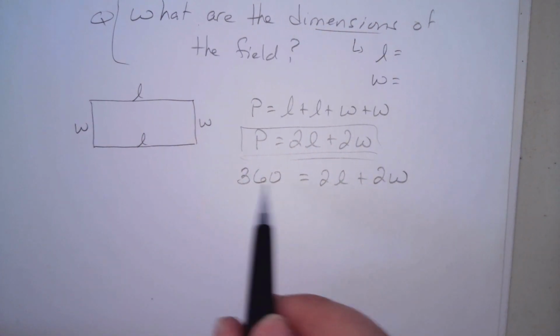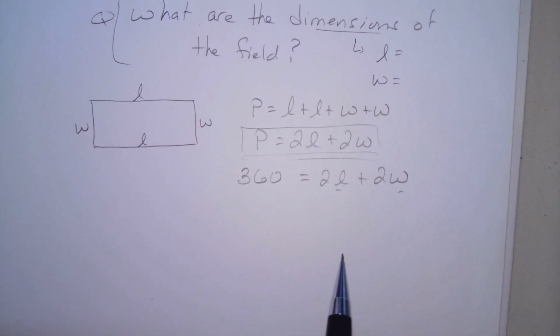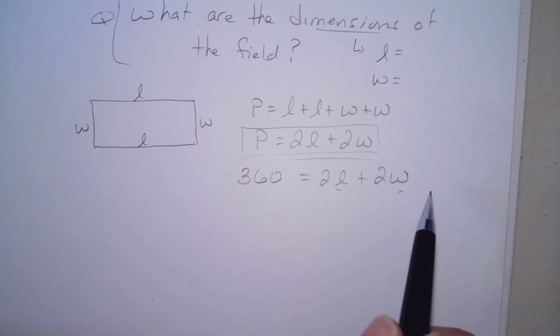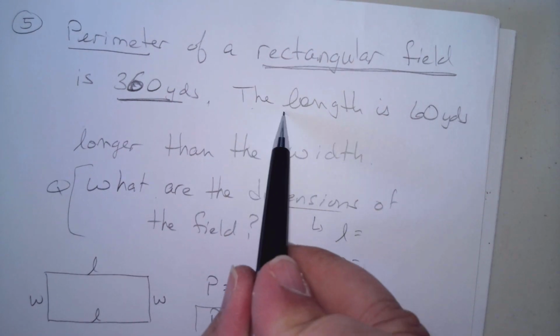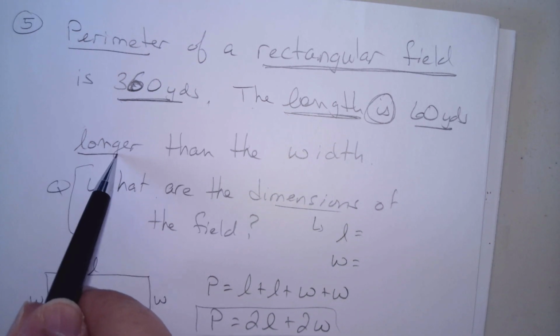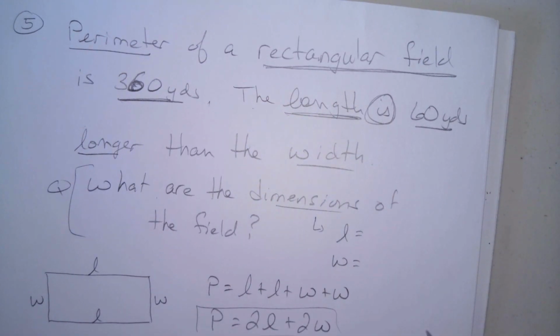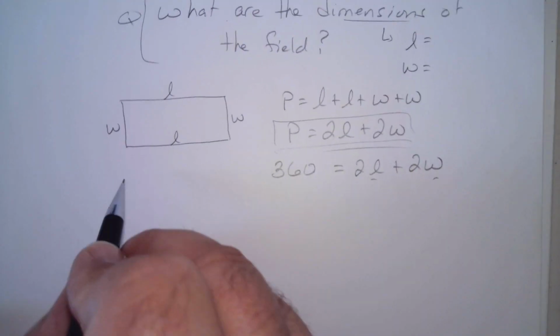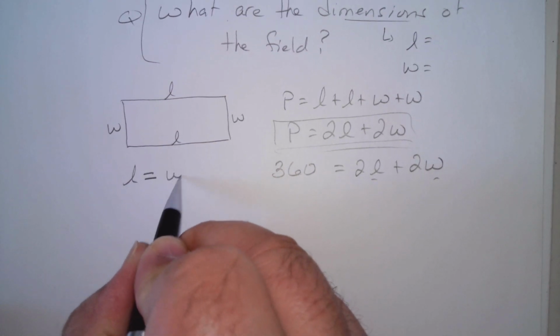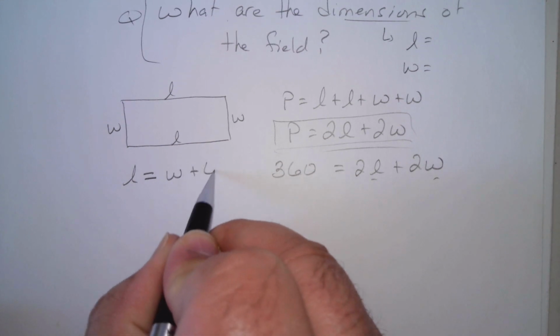So now we have one equation and 2 variables. We have to get one letter only. That's where the second sentence comes in. The length is 60 yards longer than the width. So the length is 60 yards, whatever the width is, it's 60 yards longer.